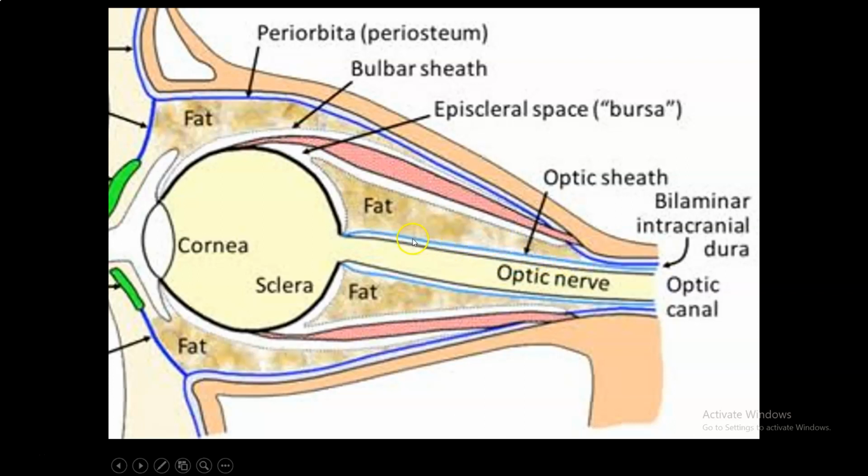As you all know, the optic nerve is not a real nerve, it is a part of the brain surrounded by the three meninges. This is the dural layer of the meninges, and it ends at the globe. And here is the orbital septum, the tarsus, and here is the fascia bulbi.